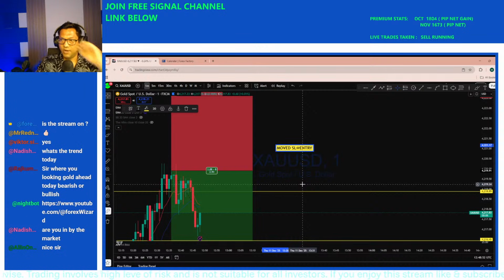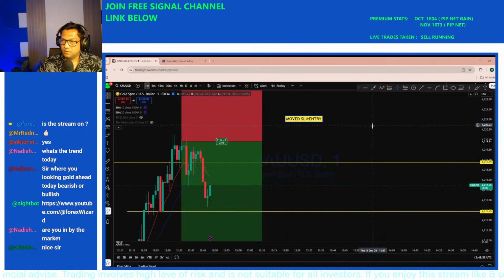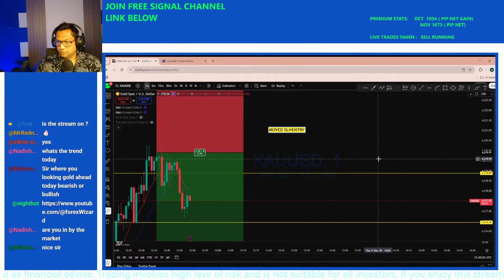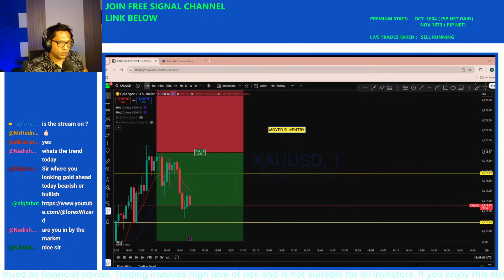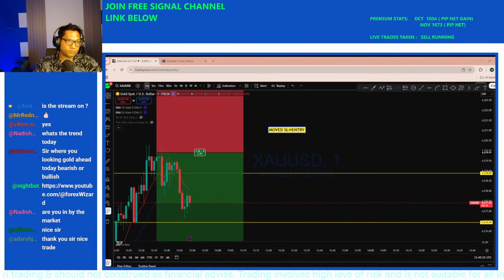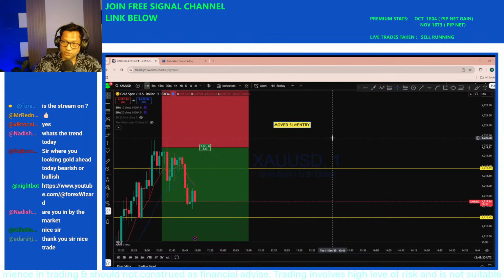So I moved the stop loss to entry, and you're gonna see what's happening here. And this market, because there is news coming and the spike can go down, we'll keep running some part of the position in case the market comes down back below, and it can come because there is news coming, and because it's a risk-free trade.